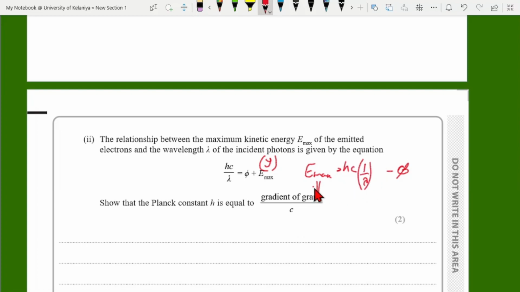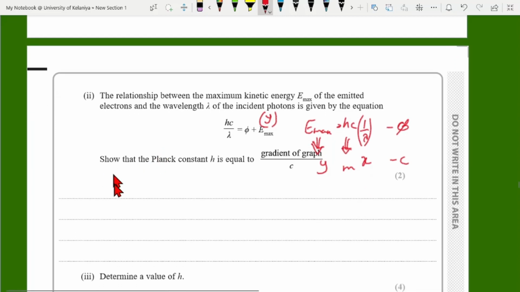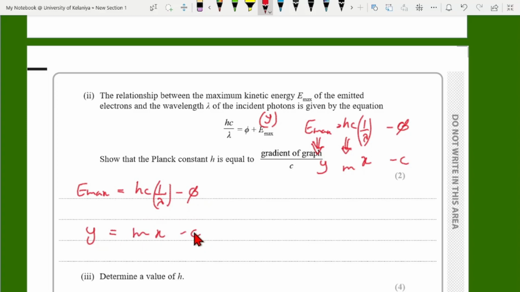Here it is the y-axis, here it is the x-axis, here it is the intercept, and here it is the gradient. Then this is a y equals mx minus c type of graph. So you can write it like this: Emax is equal to hc times 1 over lambda minus phi. So it is a y equals mx minus c type graph.